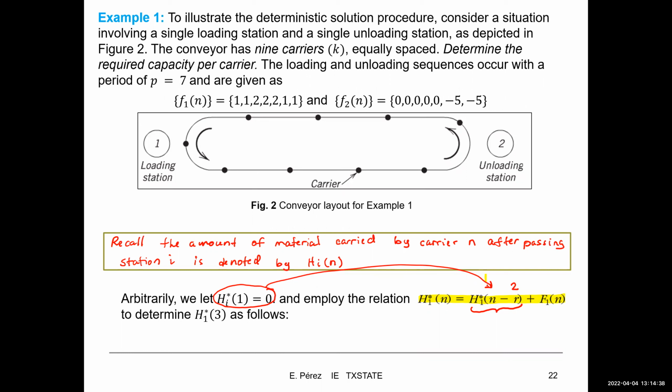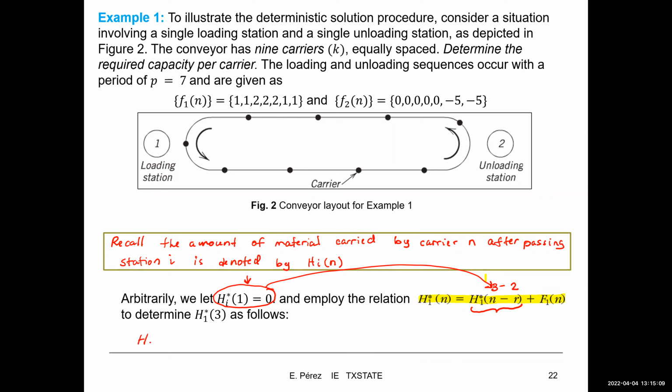3, right? So the next value that we can compute using this amount that we assume the system to start empty in station 1, because remember this is an iterative process, so we start with 1, and then we are going to look at station 3, because we know that 3 minus 2 equals 1, and that's the value that we can compute at this point.